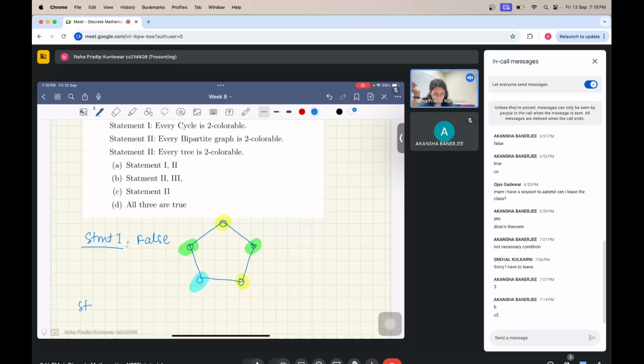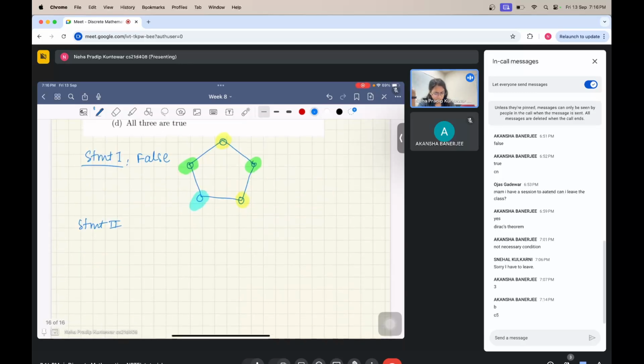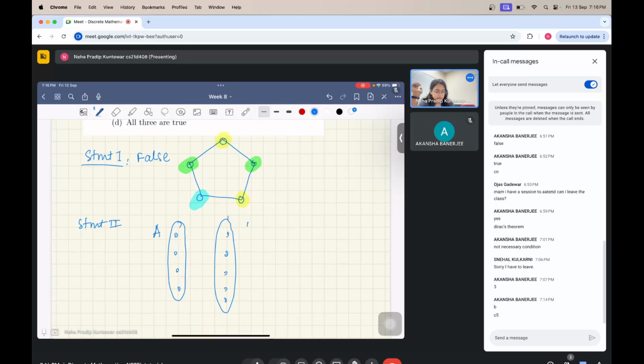What about statement 2? Statement 2 says that every bipartite graph is two colorable. Think of these as your two partitions. Because it's a bipartite graph, the edges are always going across these partitions. You can never have edges within the partitions.